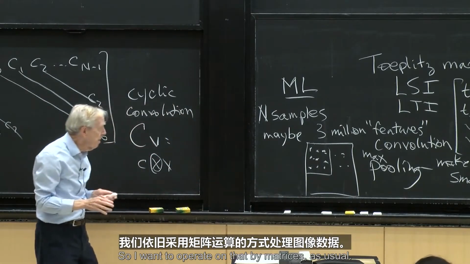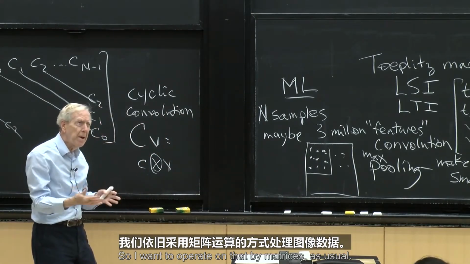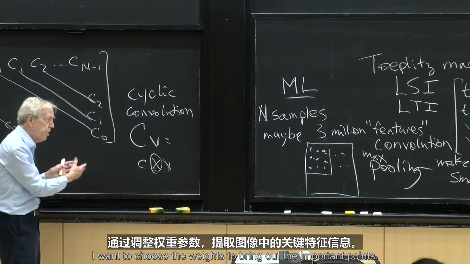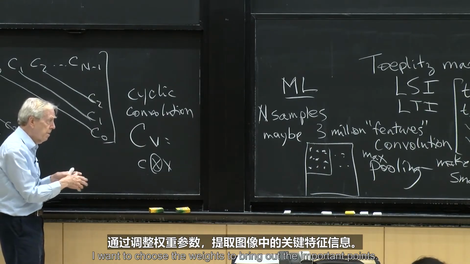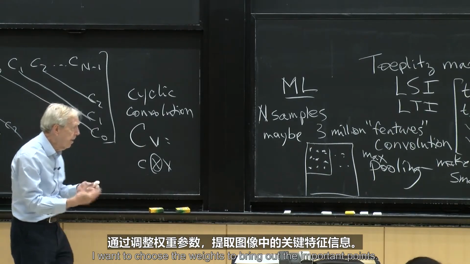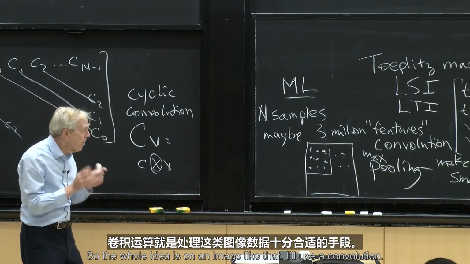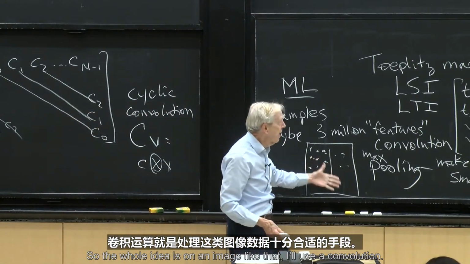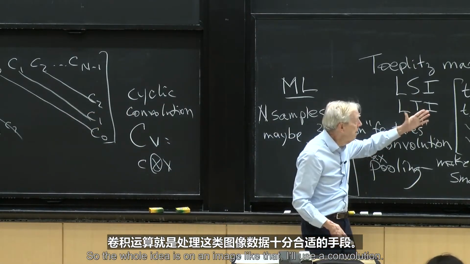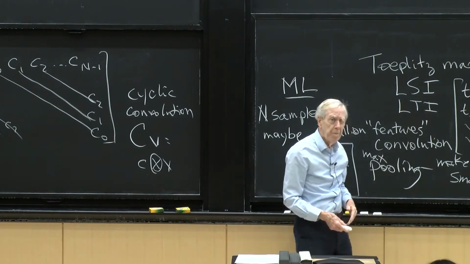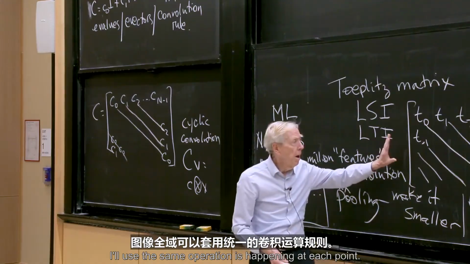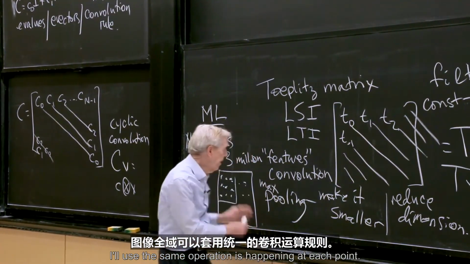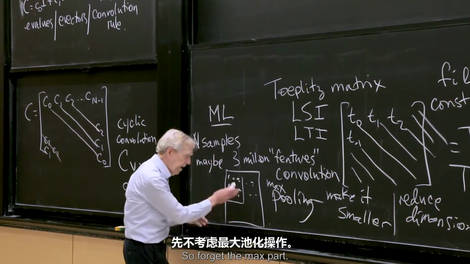So I want to operate on that by matrices as usual. I want to choose the weights to bring out the important points. So the whole idea is on an image like that, I'll use a convolution. I'll use the same operation happening at each point. So forget the max part.